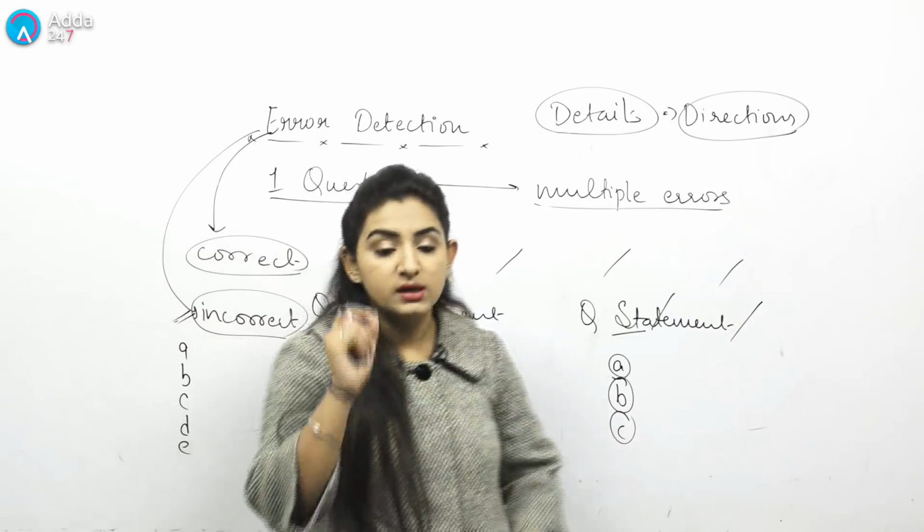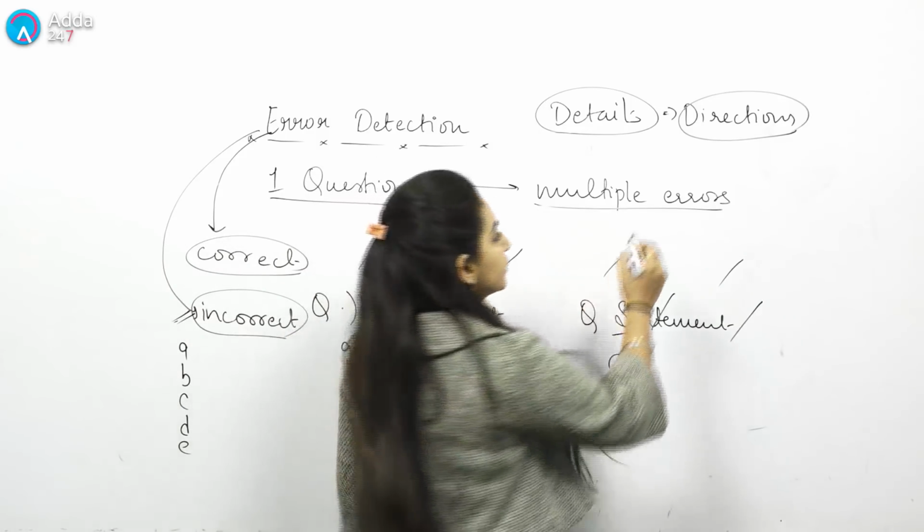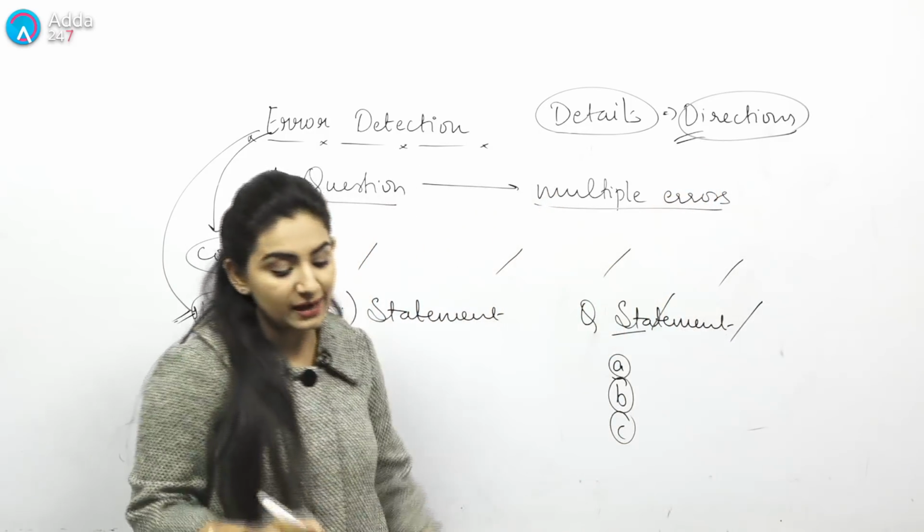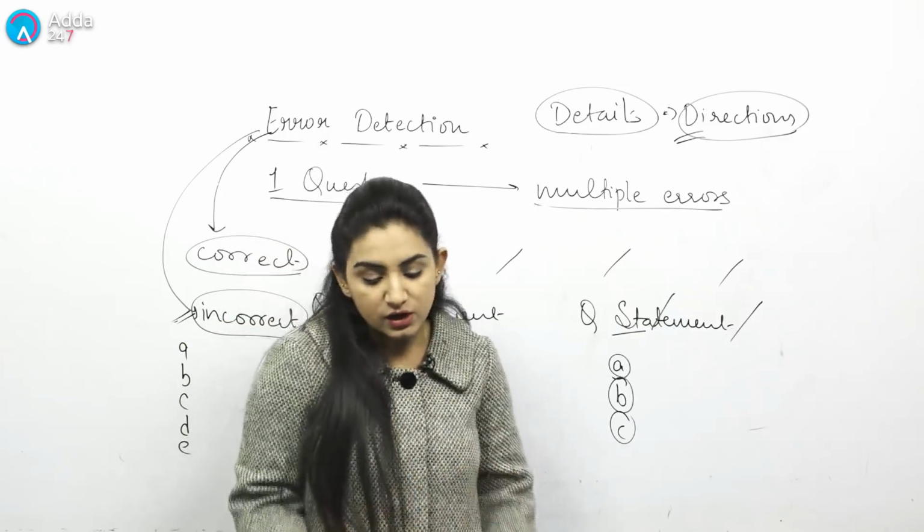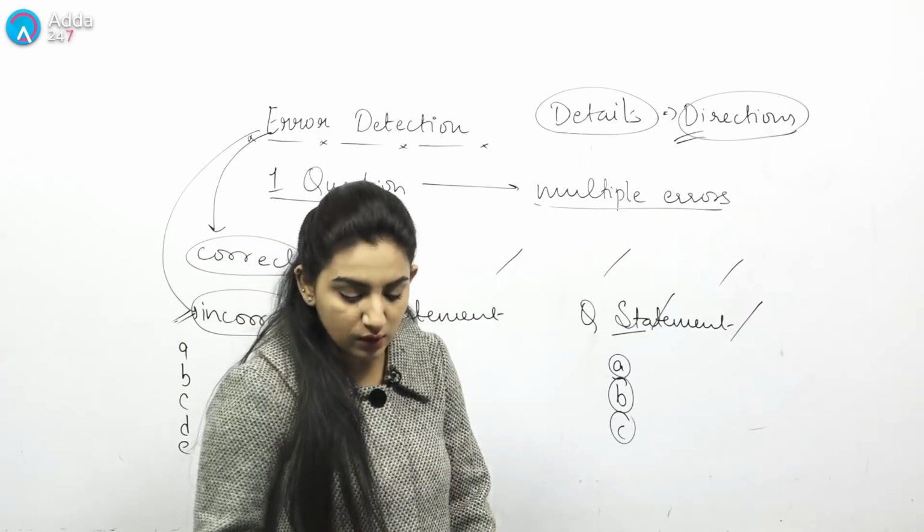So read the directions carefully. Directions को बहुत ध्यान से पढ़ना. Other than that आप exam में marks खो सकते हैं, right? So this is one very important thing that you have to take care.